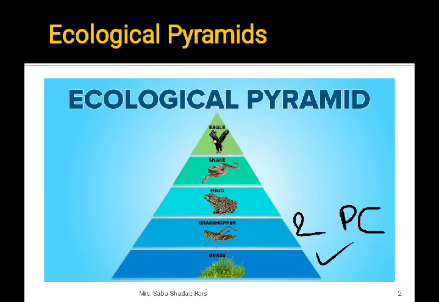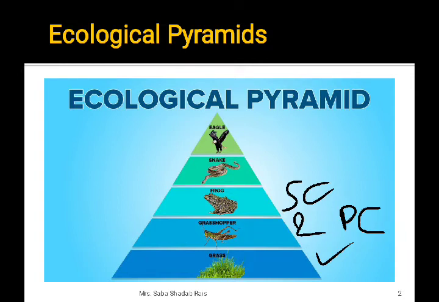Now see, the other animals that take benefit from these primary consumers are called secondary consumers. What are they called? Secondary consumers. For example, on the screen, grass is a producer, the grasshopper feeds on the grass directly, and the frogs feed on the grasshopper, so they are the secondary consumers.